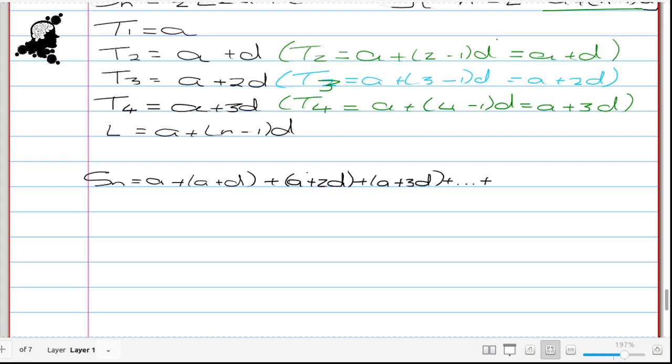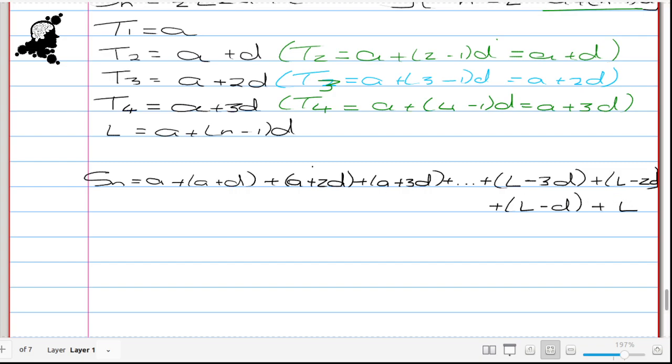But the distance between you and the school is decreasing. So since I'm approaching my last term, I'm going to start subtracting the common difference. I'm going to end up here with L minus D, and then eventually I end up with the last term.